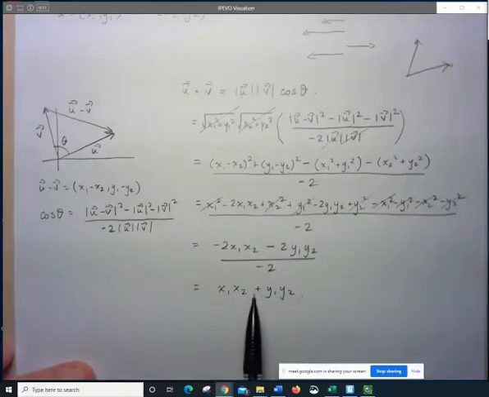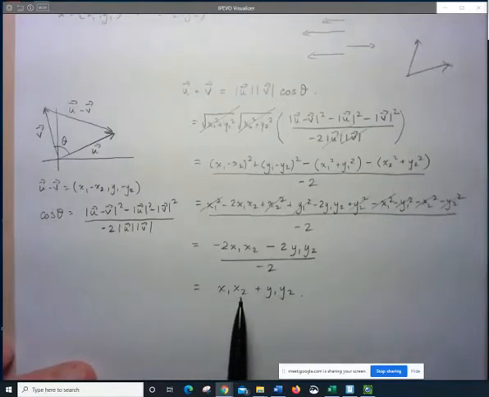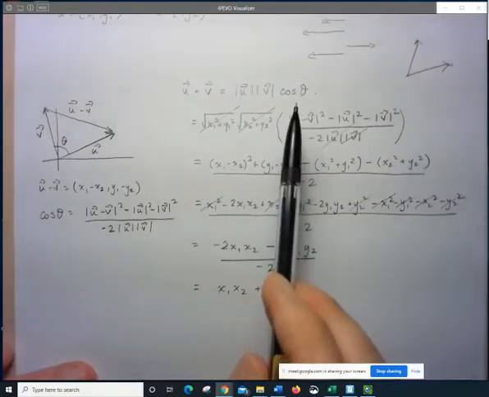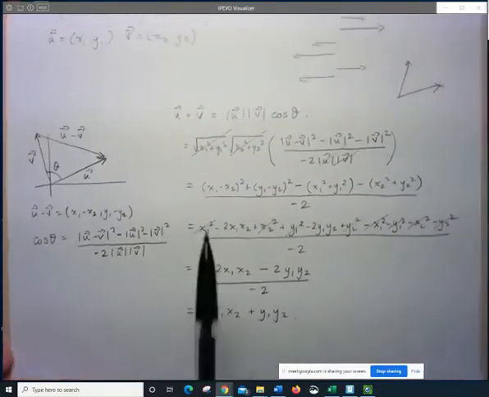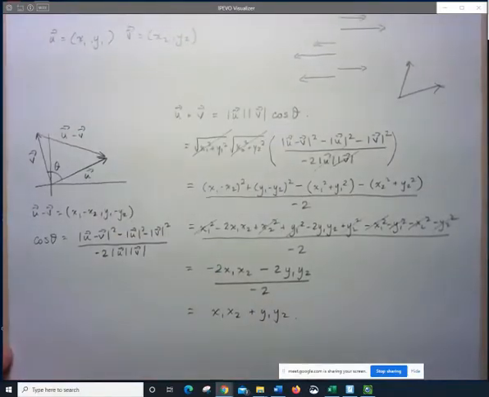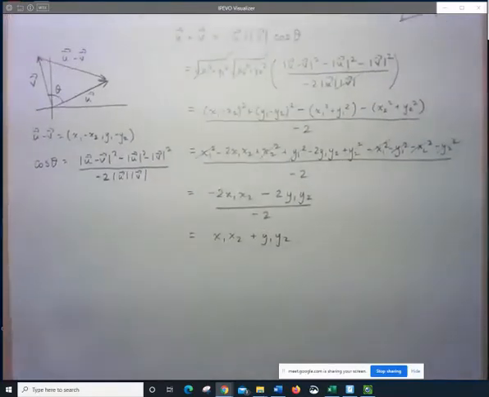So one thing I notice is that this gives me a scalar quantity, and this does not depend on knowing the magnitude or the angle. The only thing it depends on is operating on the individual components, which is exactly what we want when we have a definition for an operation using algebraic vectors.